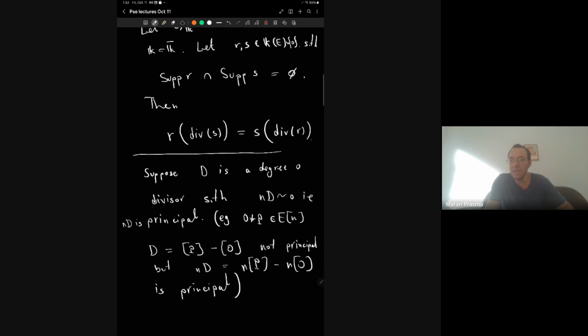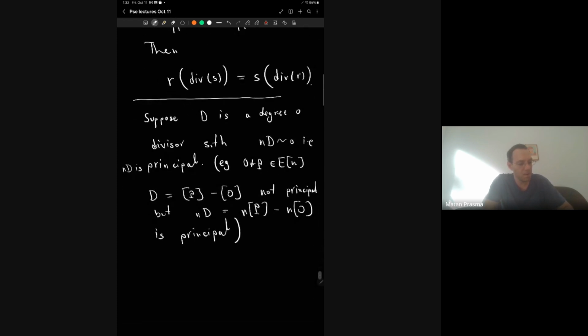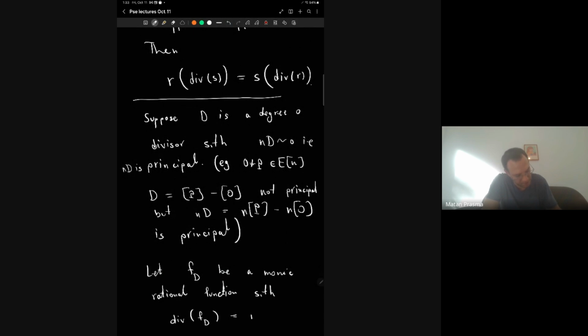So suppose D is such a divisor for which ND is principal, and let FD be a monic rational function such that the divisor of FD is ND.